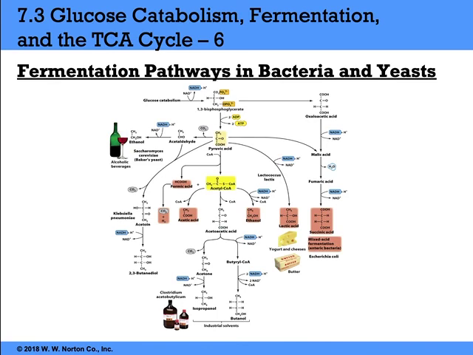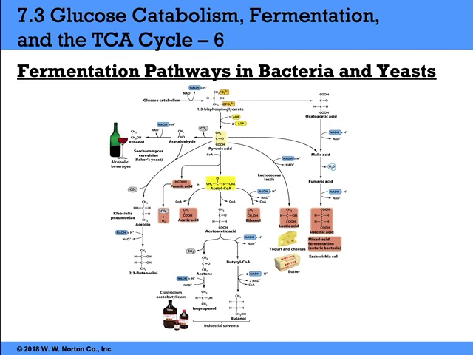Okay, you can see some fermentation pathways that happen in bacteria and yeast. Okay, the purpose of shifting into fermentation in a bacteria or a yeast that can do either aerobic or anaerobic metabolism is to generate enough NAD in order to keep glycolysis going.